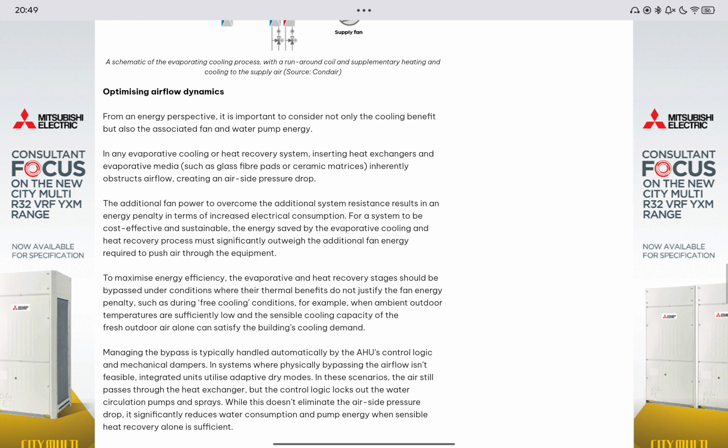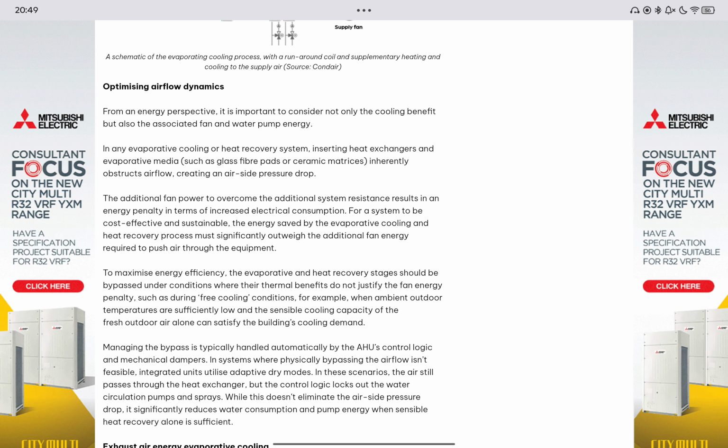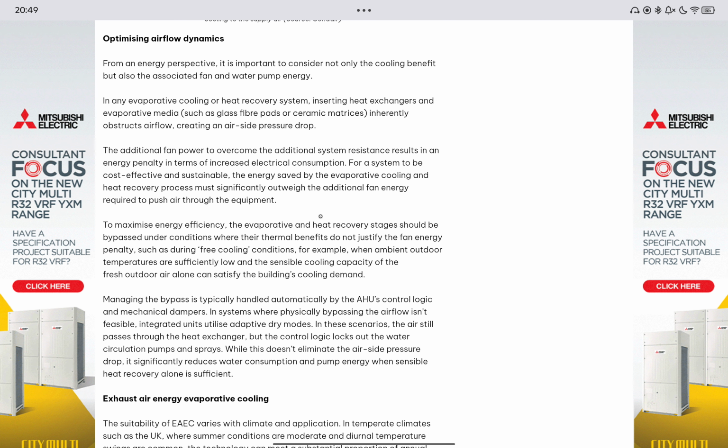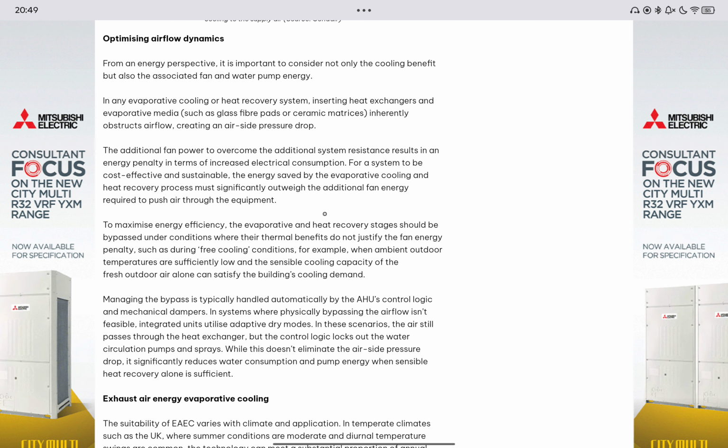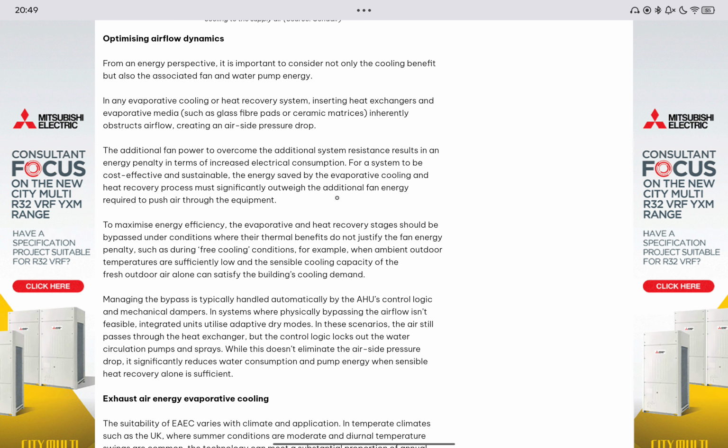Optimizing airflow dynamics. From an energy perspective, it is important to consider not only the cooling benefit, but also the associated fan and water pump energy. In any evaporative cooling or heat recovery system, inserting heat exchangers and evaporative media, such as glass fiber pads or ceramic matrices, inherently obstructs airflow, creating an airside pressure drop.